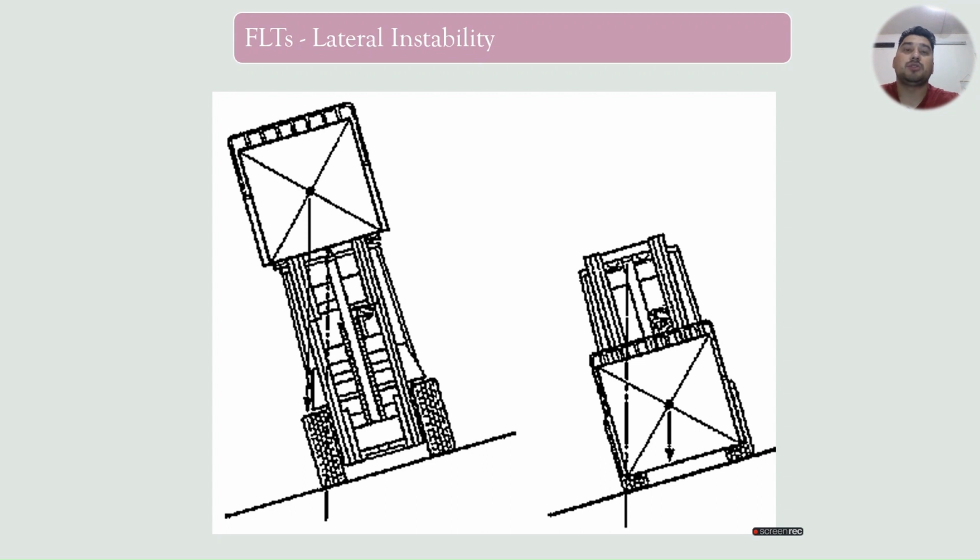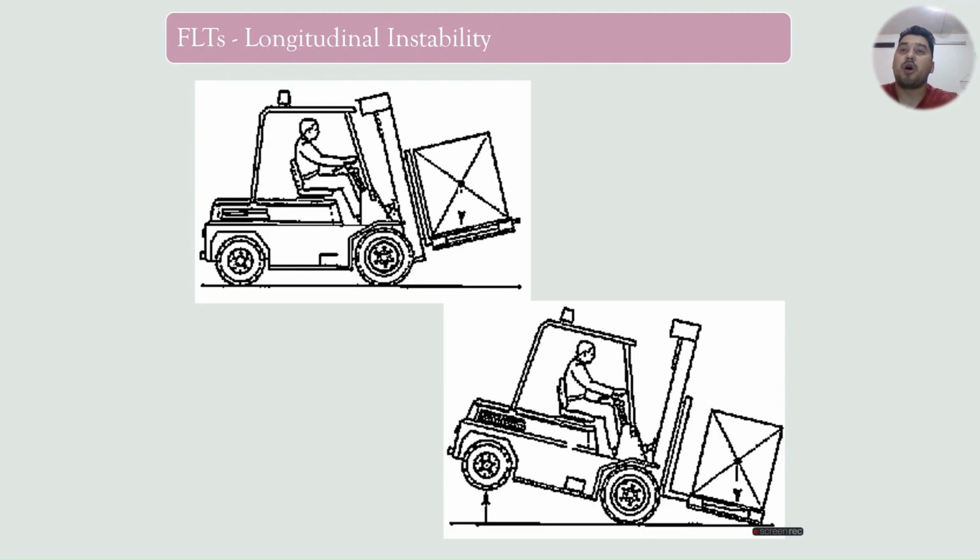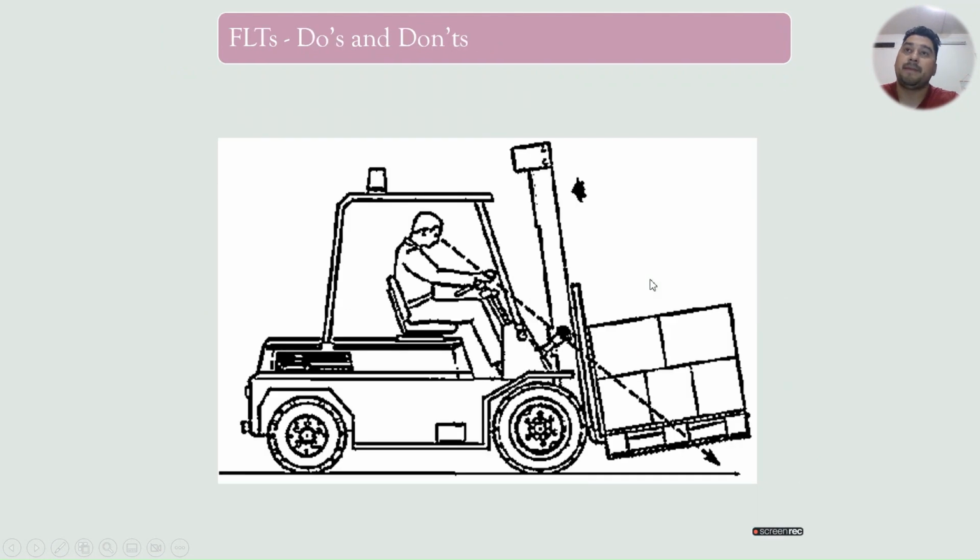So always go for only 75% of your forklift truck's capacity. Never go for 100%. Forklift longitudinal instability: if you are lifting too heavy a load, it will go forward and your forklift will become unstable.